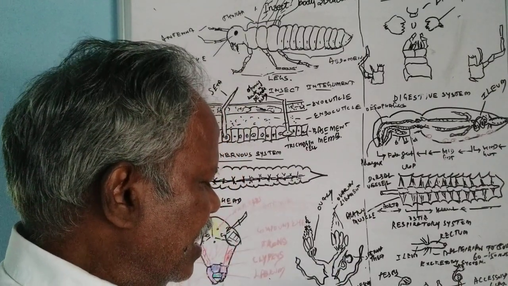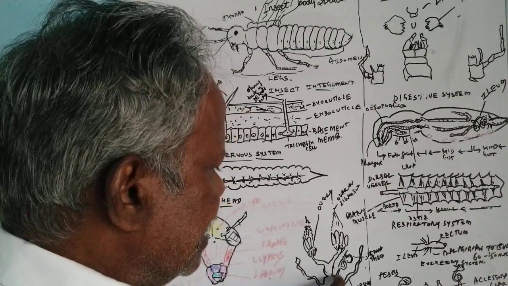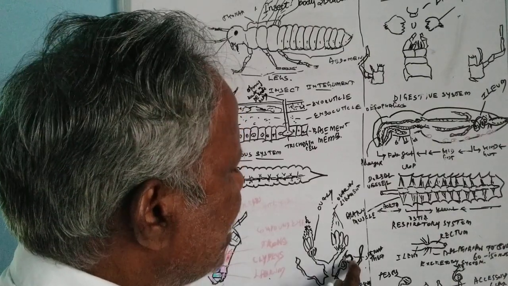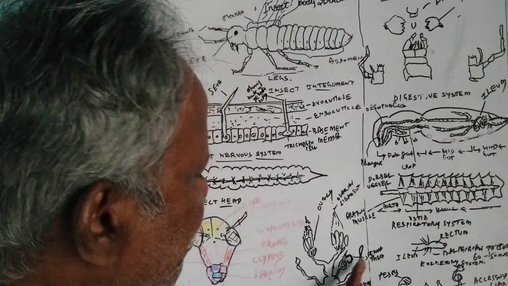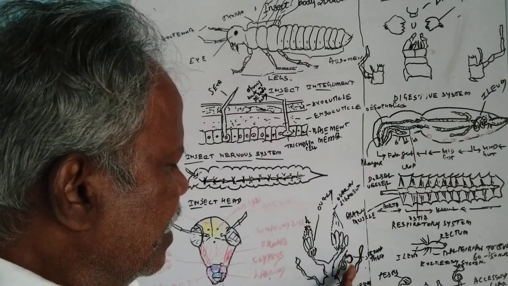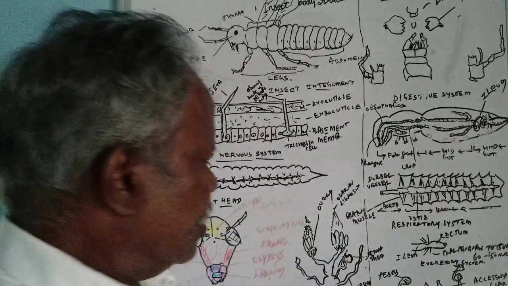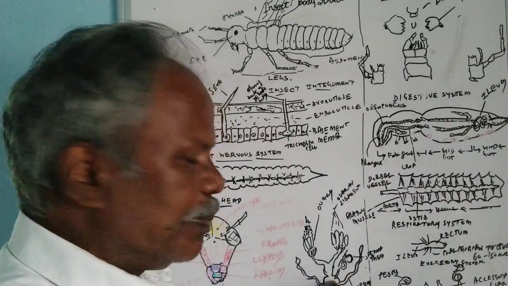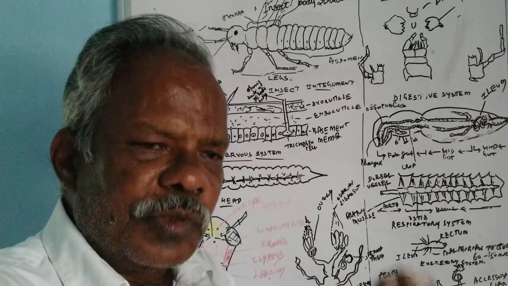The oviducts enter into the vagina, and here a gland is also there, that is called the spermatheca. Spermatheca is there, and then the accessory gland is there. So the accessory gland here helps to bind the ovaries.